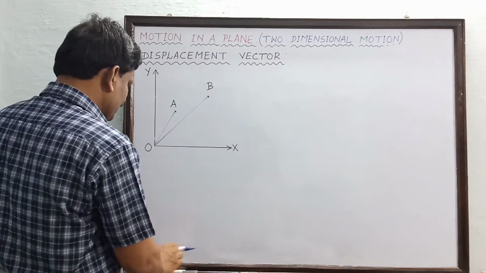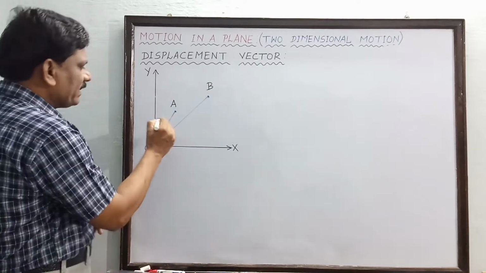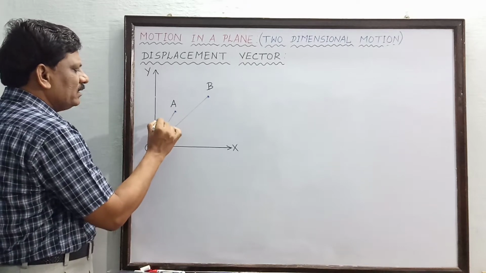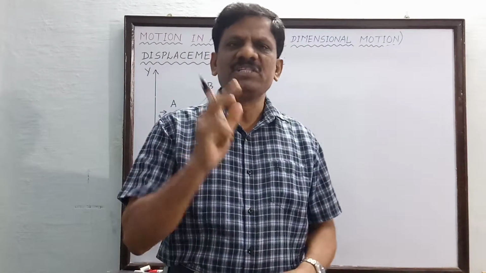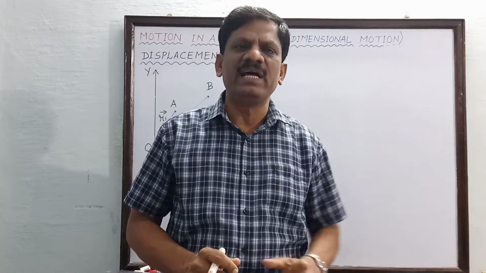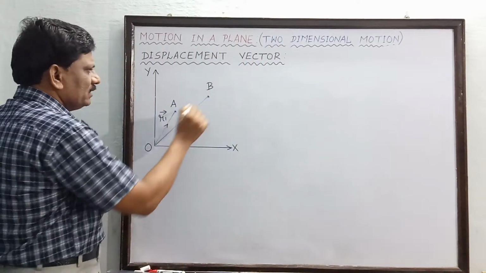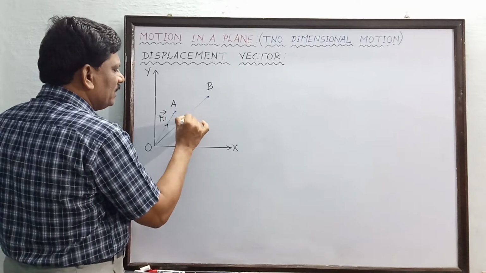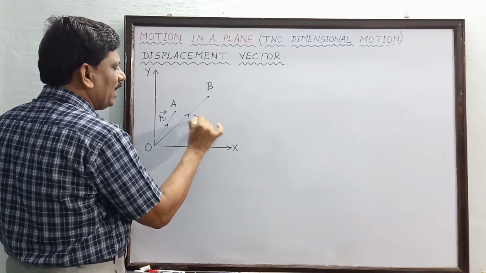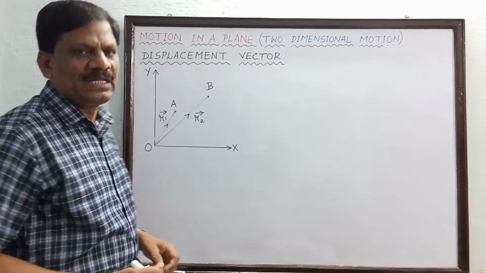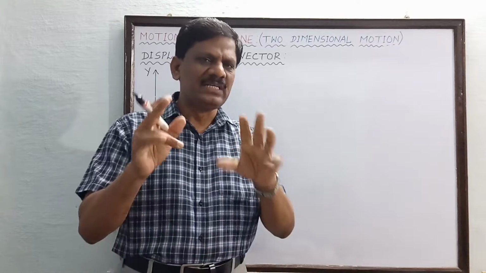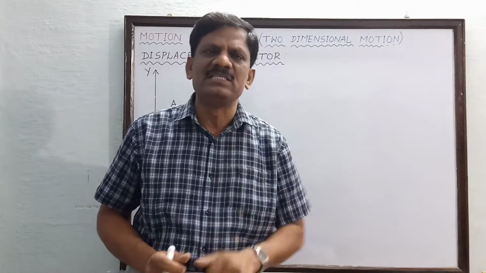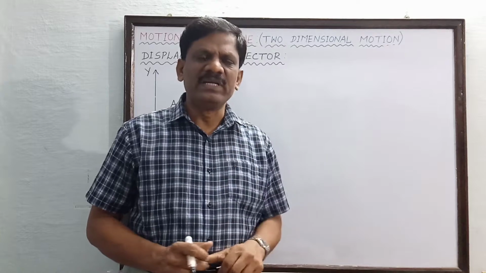So, in this picture, the vector OA, which is denoted by R1 vector, is the position vector of the particle when it was initially at A. And the vector OB, which is also represented by R2 vector, is the position vector of the particle when it is at the final position B. So the particle has moved from an initial point A, where it was at time t1.